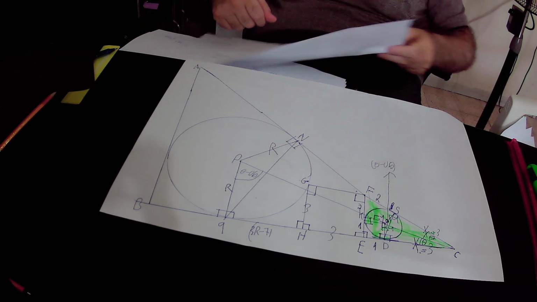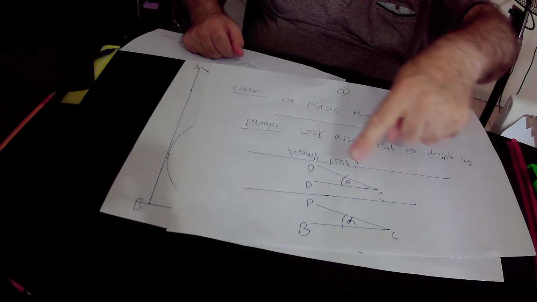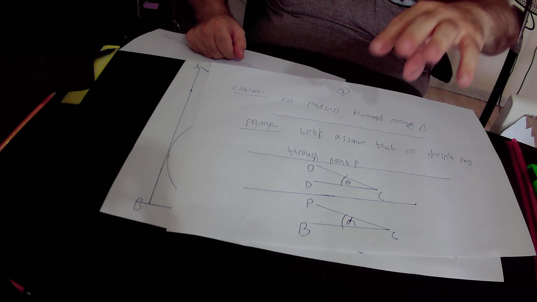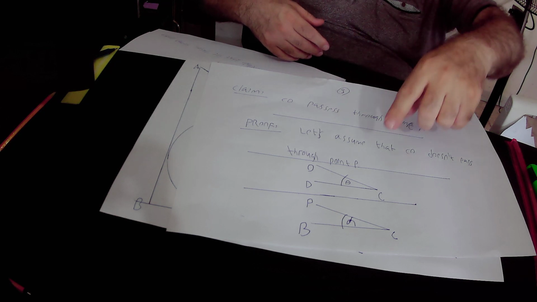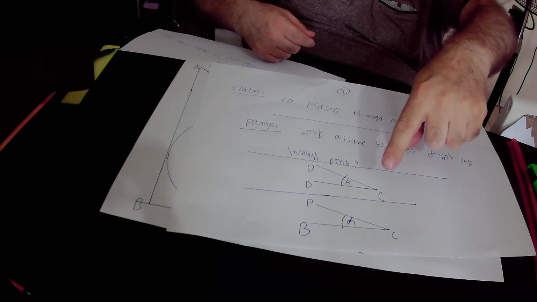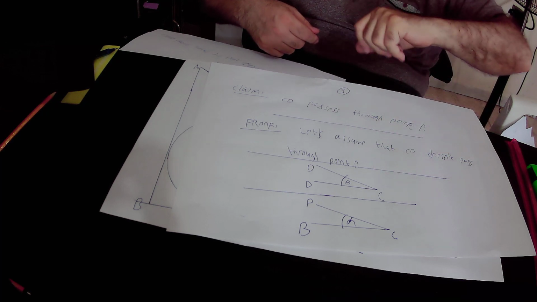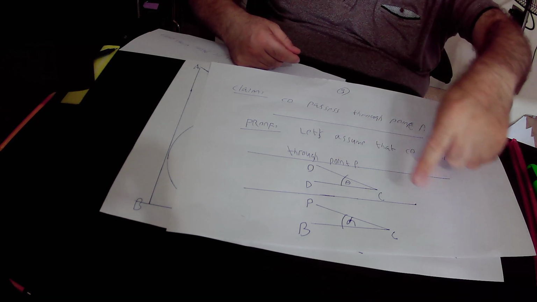Why? I'll explain why. Because here BC and DC are both located on the same straight line. So you can say that we have one leg of those two angles that is a common leg, while the second legs are PC and OC.